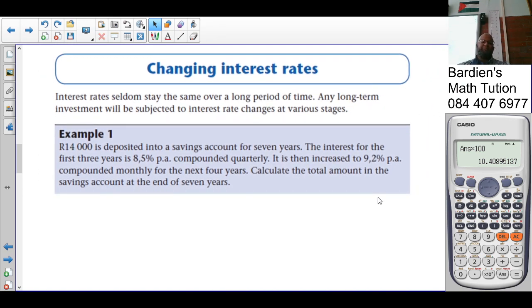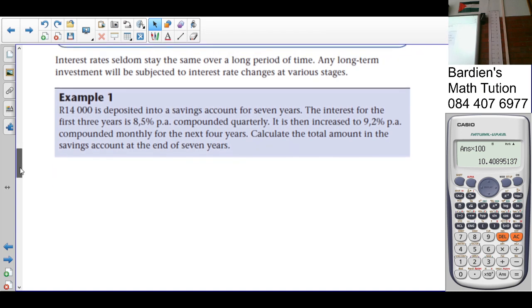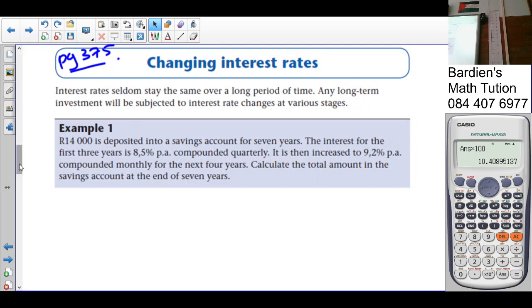Right. So, let's look at example 1, and this is on page 375. People, we are told that 14,000 rand is deposited into a savings account for 7 years.